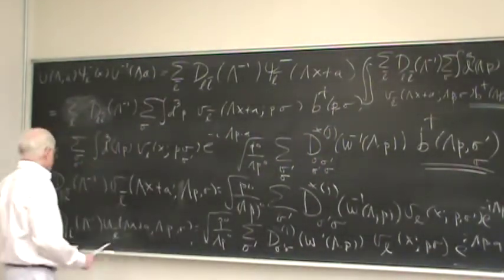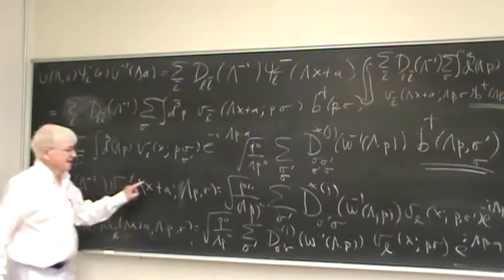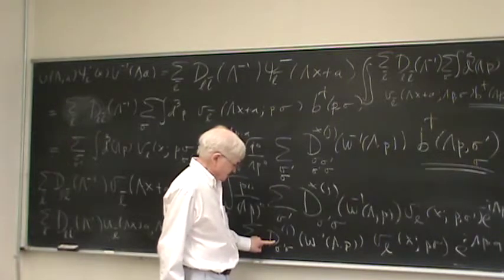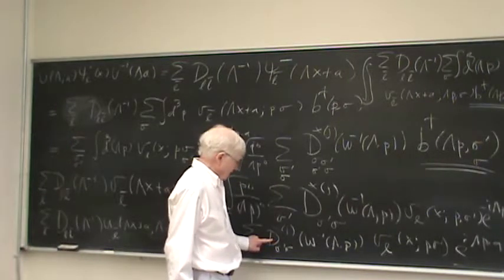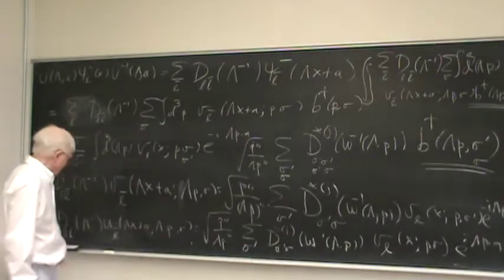Let me remind you then, these are non-unitary square matrices. These are unitary square matrices that are representing rotations, Wigner rotations, so they're unitary.